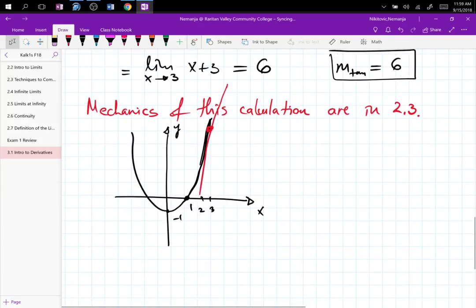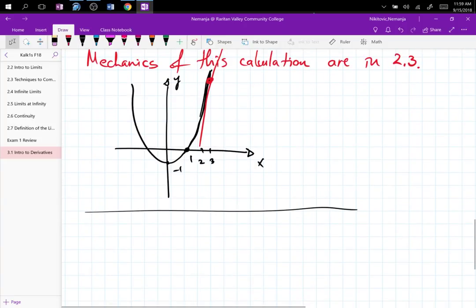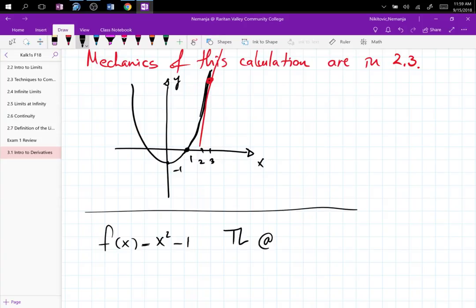Now, we still have the same function, x squared minus 1, but we actually want to find the tangent line at x equals 5. We have to start from scratch.